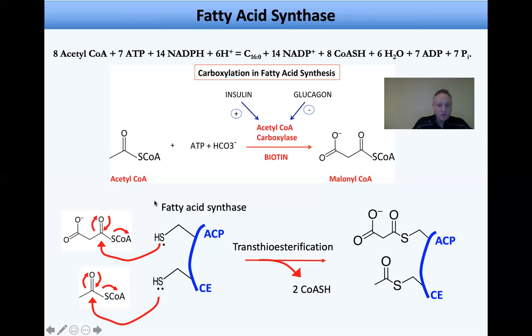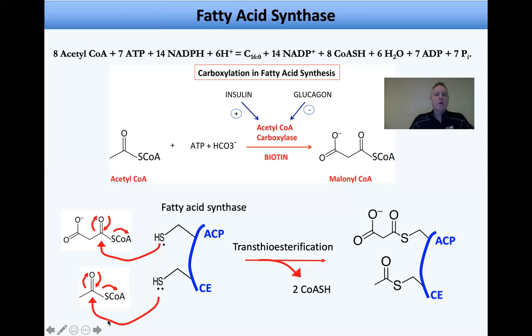And here's how it works. The fatty acid synthase enzyme in the cytoplasm has two key cysteine residues. One's called the acyl carrying protein, one's called the condensing enzyme. And what you can see is that these cysteine residues act as nucleophiles, and they're going to attack, in this case, the malonyl-CoA. This is a thioester. And what you're going to see is a trans-thioesterification reaction.